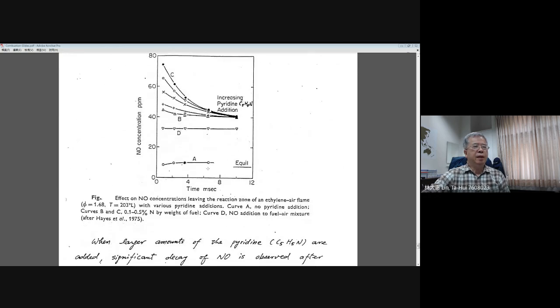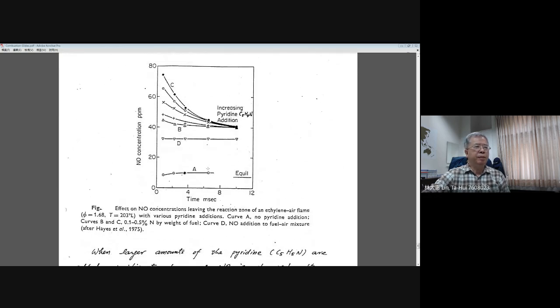Okay, this is another typical experiment. Burn the ethylene-air flames for the A case, and they try to do the experiment by adding pyridine. Pyridine here is a hydrocarbon fuel that contains a certain amount of nitrogen.